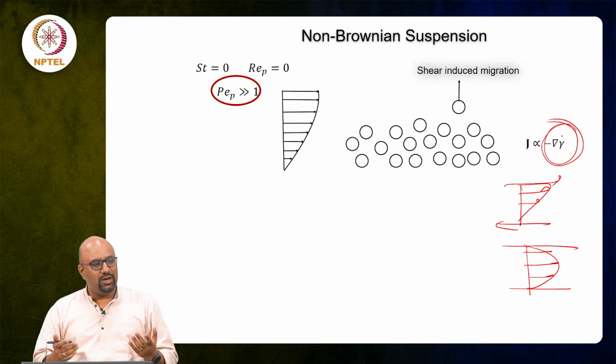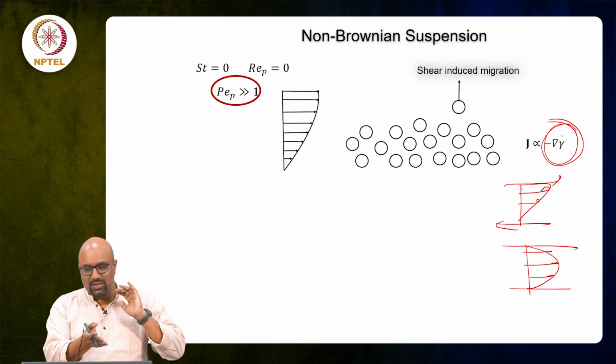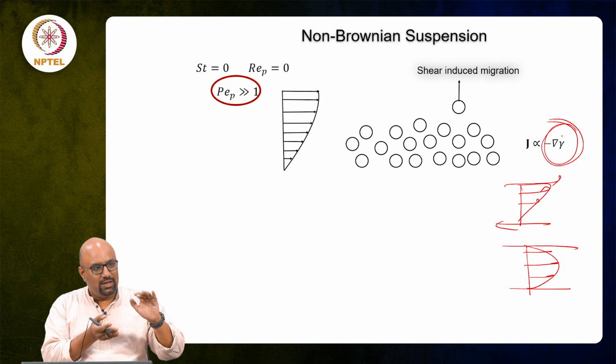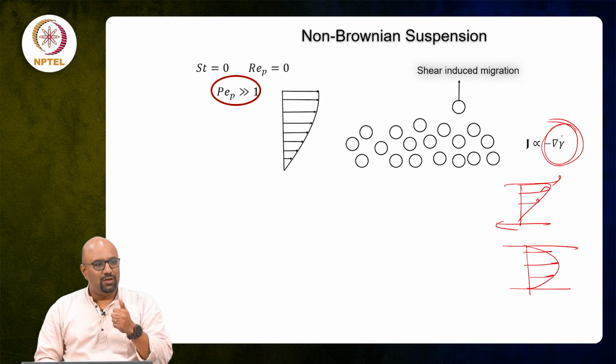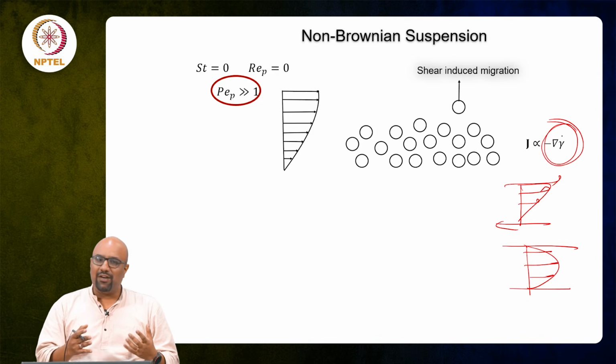So, what is the shear induced migration? You have a concentrated system. When this concentrated system is being sheared, the interaction of these particles mediated by the shear is responsible for the particles moving from regions of high shear rate to regions of low shear rate.